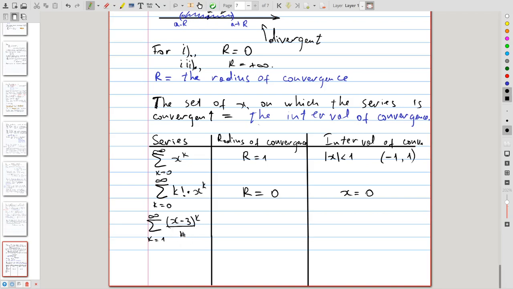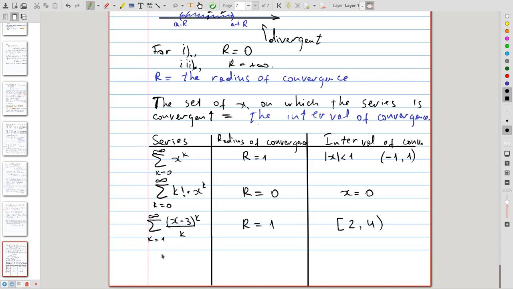We were able to determine that it converges for x's from the half open interval between 2 and 4. And so this corresponds to the radius of convergence of 1. This here is an interval centered at 3 of radius 1.